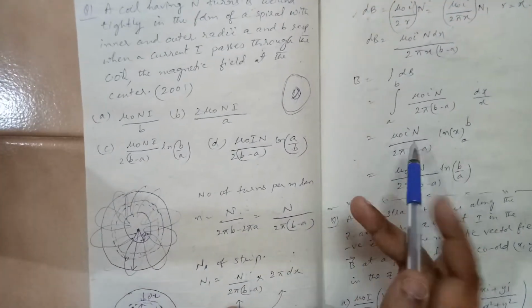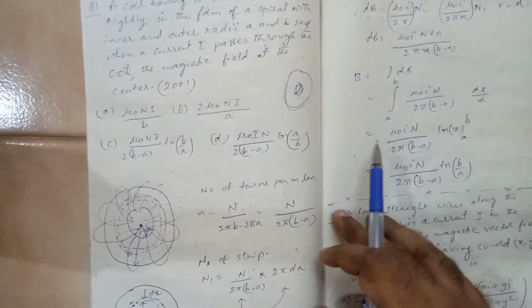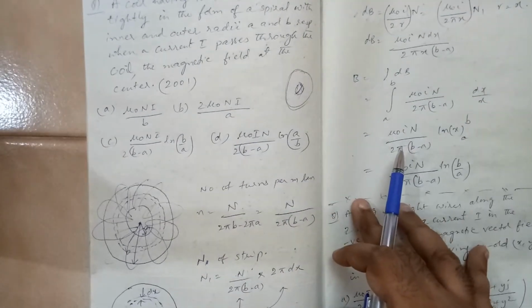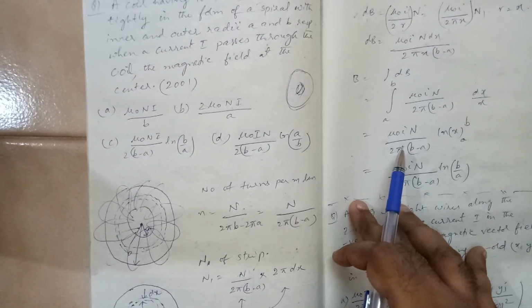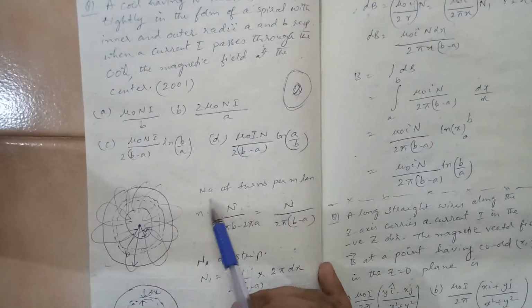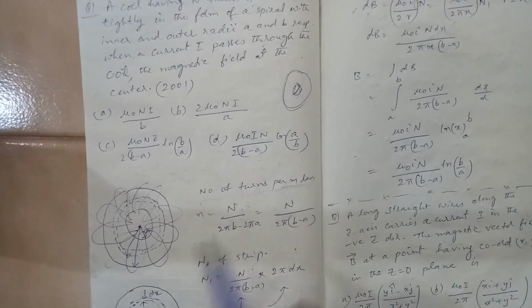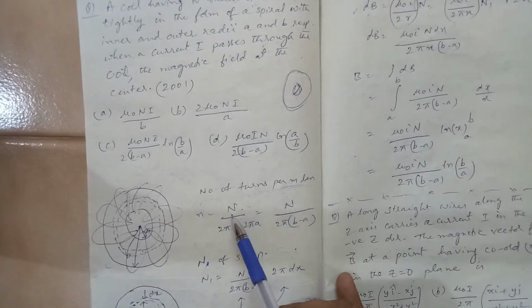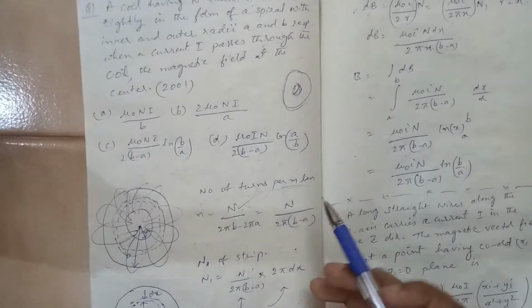So we are here to find out what is the magnetic field value. In this case we have to first calculate the number of turns per meter length. So number of turns per meter length will be total number of turns, this capital N, divided by the length.